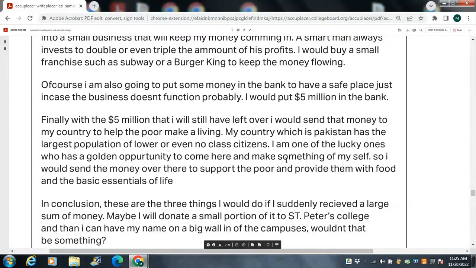Next sentence: I am one of the lucky ones who has a golden opportunity, or who had a golden opportunity, to come here and make something of myself. So in this case, this is also set up as a complex sentence. In this case, the dependent marker or the subordinating conjunction is really called a relative clause.